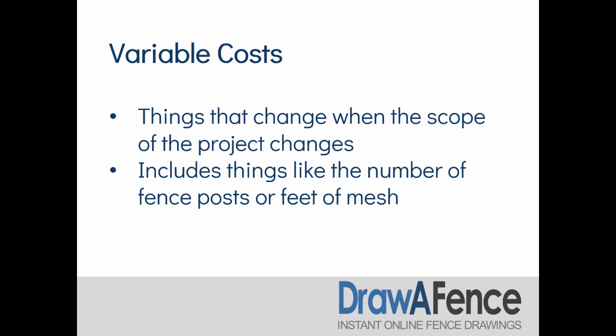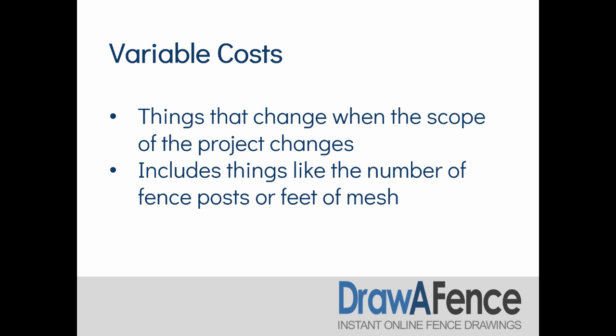And variable costs, as the name suggests, are things that change when the scope of the project changes. The most common one that you will have on every job is the materials, which is the number of fence posts or feet of mesh and those kinds of things. Also, direct labor and the associated overhead costs that you've assigned to your daily rate or your hourly rate or however you're going to work it out.